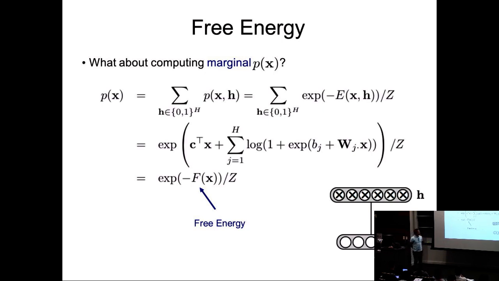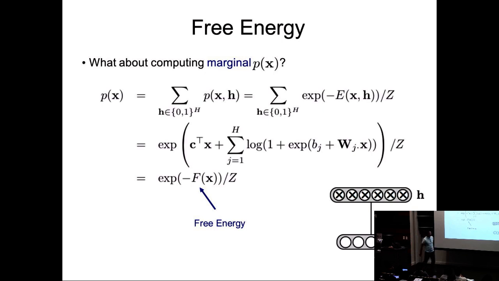But nonetheless, you can sum out the states of the hidden variables, and so now you can represent the marginal probability as the negative of the free energy divided by the partition function. These quantities are quite important because people sometimes relate free energy to the marginal, and that can tell you something about the model.